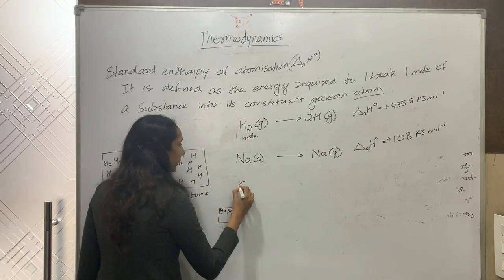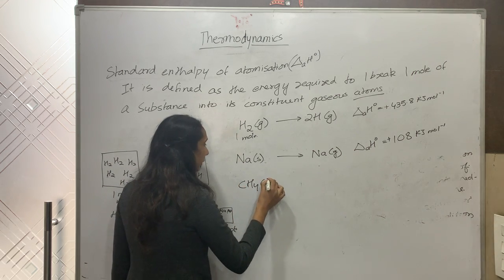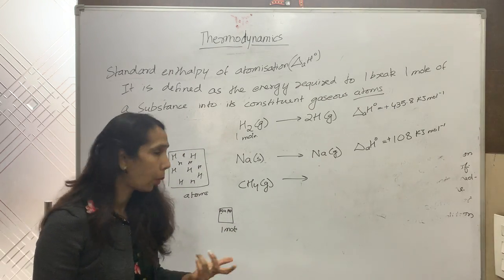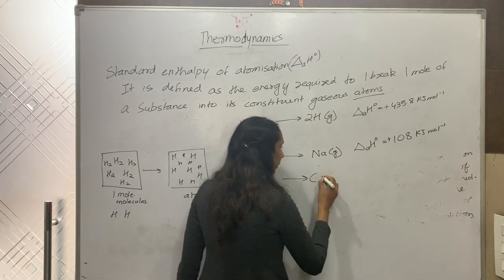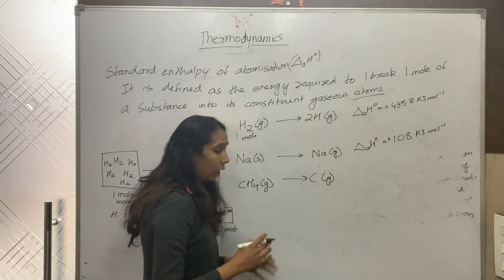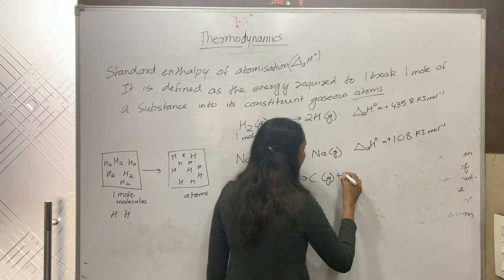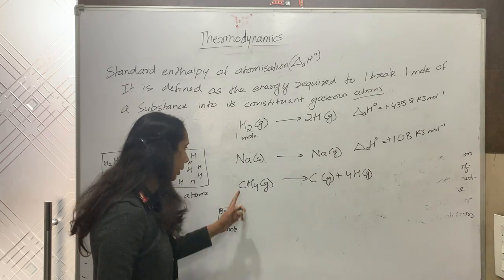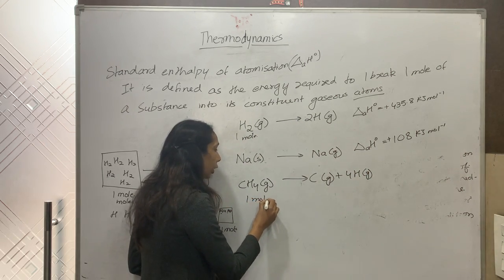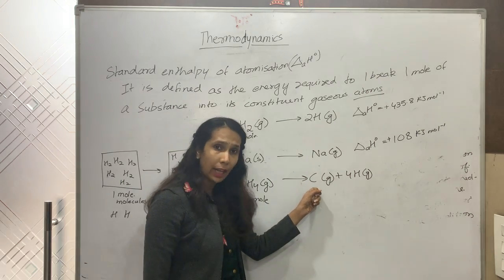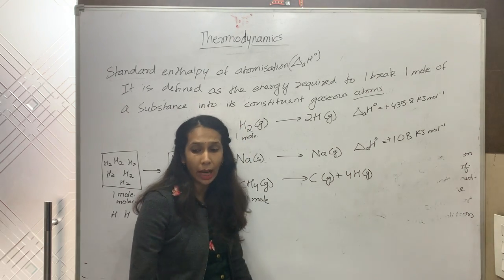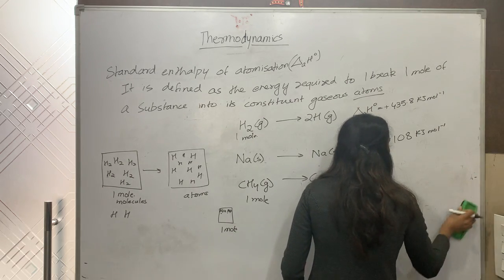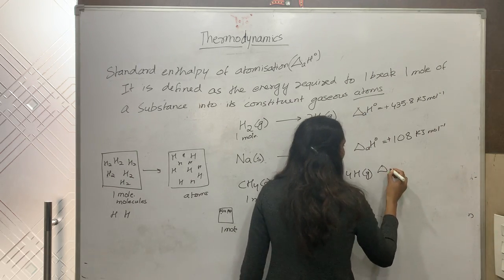I take methane. Methane is already a gas. But I have to break it into constituent atoms. What are the atoms here? Carbon, or gaseous should be. It breaks into gaseous carbon and 4 hydrogens which are gaseous. How much I have taken? 1 mole. So how much? 1 mole of carbon gaseous atoms and 4 mole of hydrogen gaseous atoms will be formed. And whatever energy is required, that is called as enthalpy of atomization.